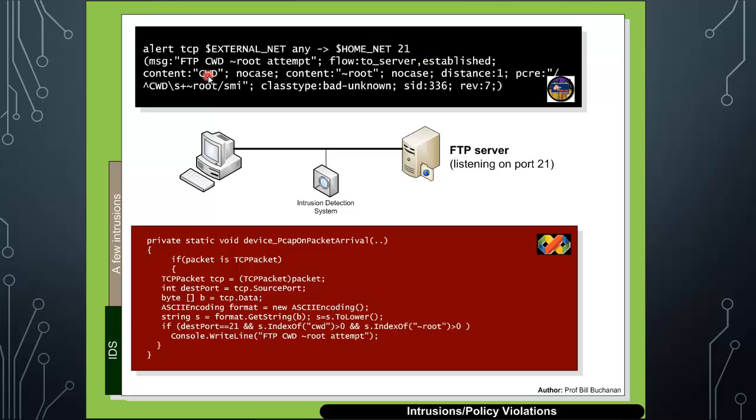What we're detecting is whenever we see CWD and then ~root. So in this case, the intruder is trying to move to the root folder of the administrator. This is unlikely to be successful, but it might show some form of maliciousness from the user.